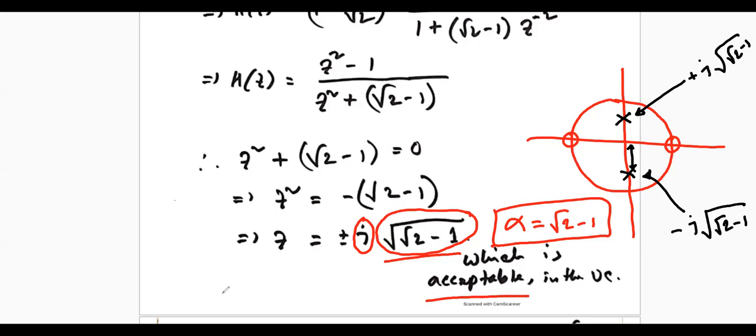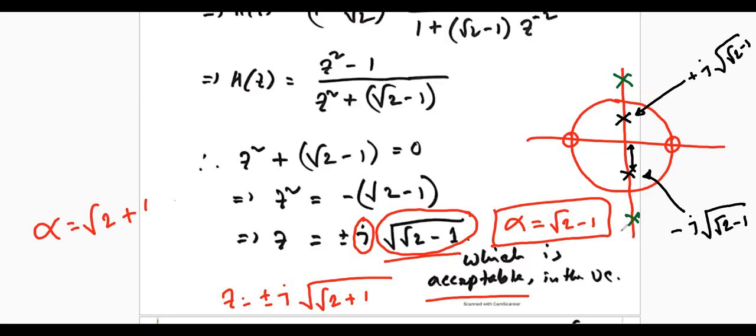On the other hand, if z equals plus minus j and I take alpha equal to root over 2 plus 1, what happens? We have root over 2 plus 1, and that makes the pole outside the unit circle, which is not acceptable. So this term is plus j root over 2 plus 1, and this term is minus j root over 2 plus 1. That is not acceptable.